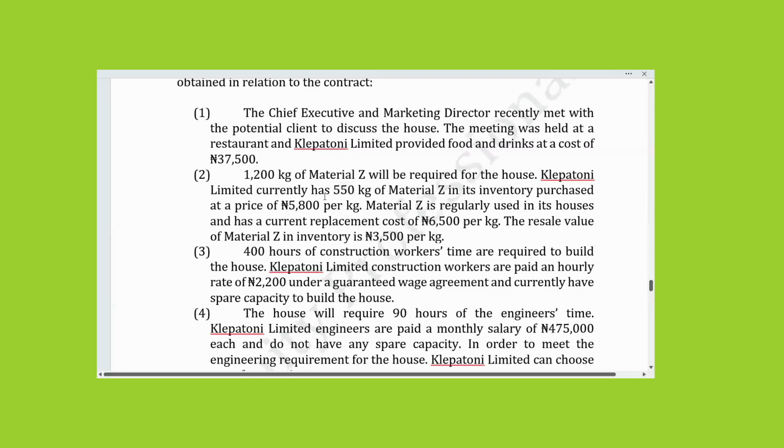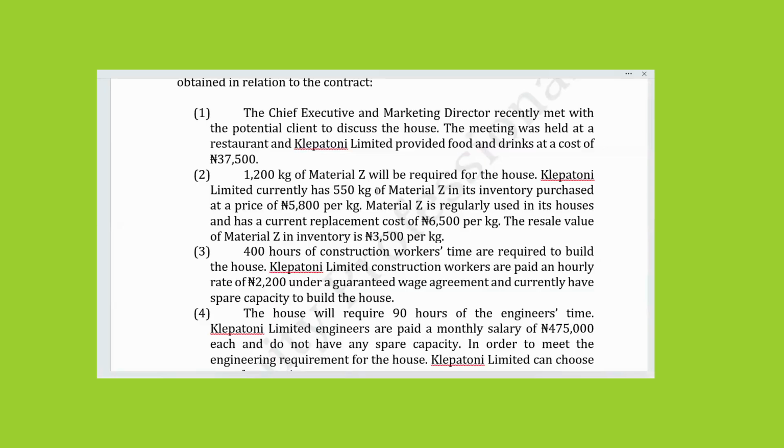Yeah, so Nancy, talk to me quickly. Sir, although the question did not say that the material is being disposed, assuming we come across a question whereby they said the material is being disposed, how then do we treat it with this 3,500 per kg, for example, sir?